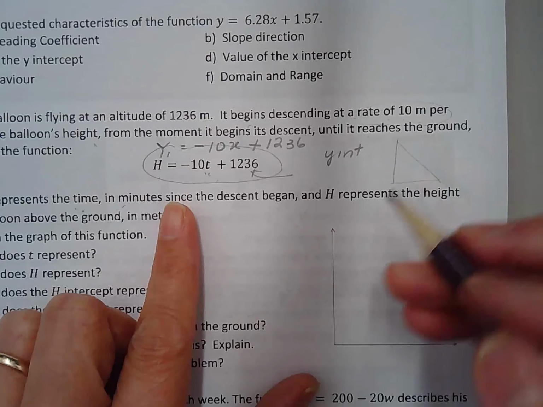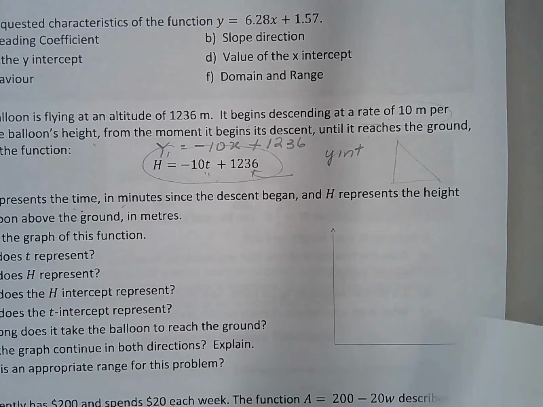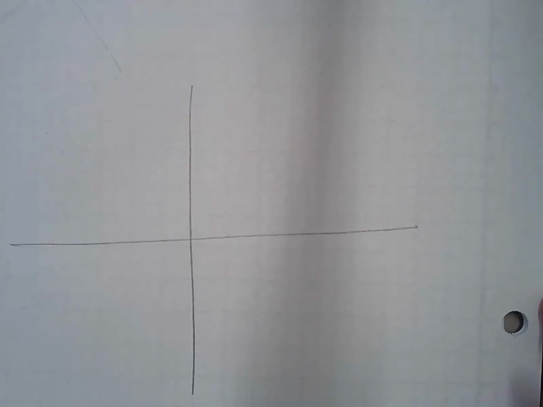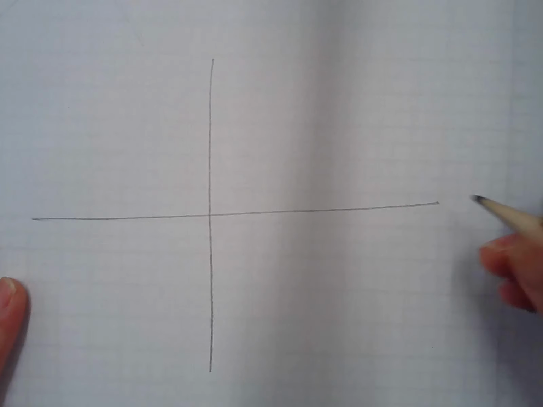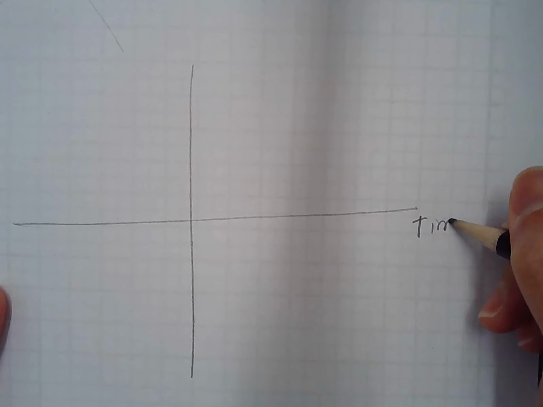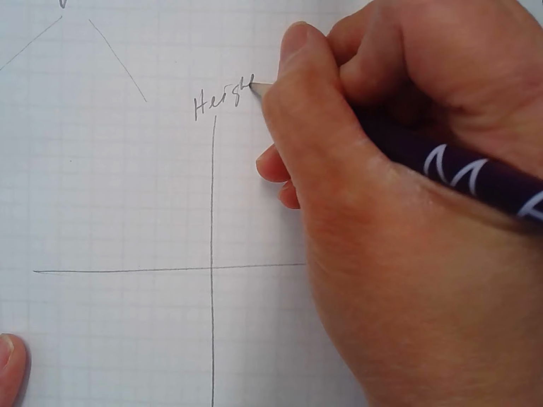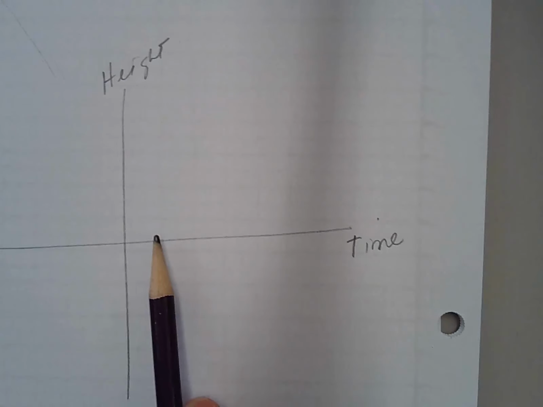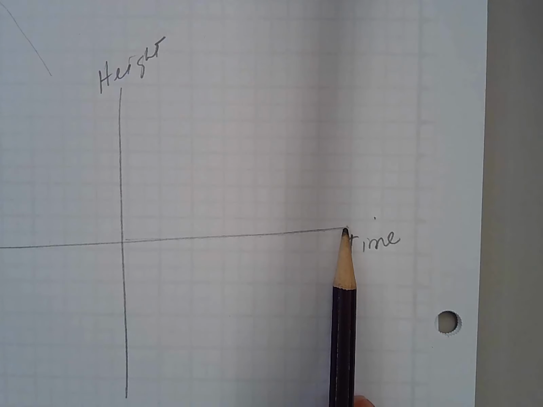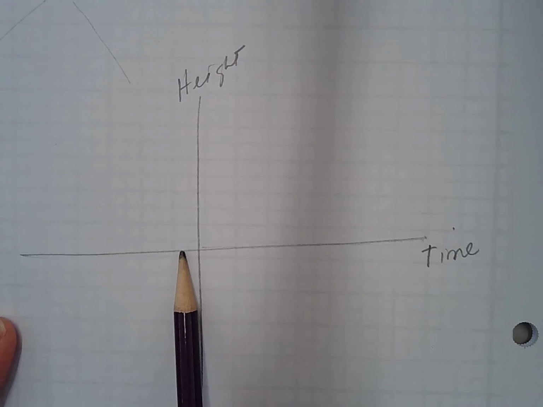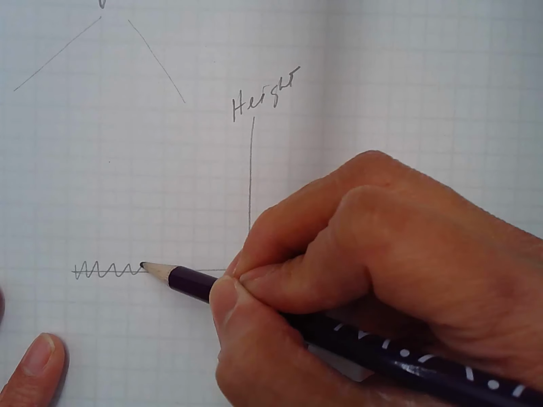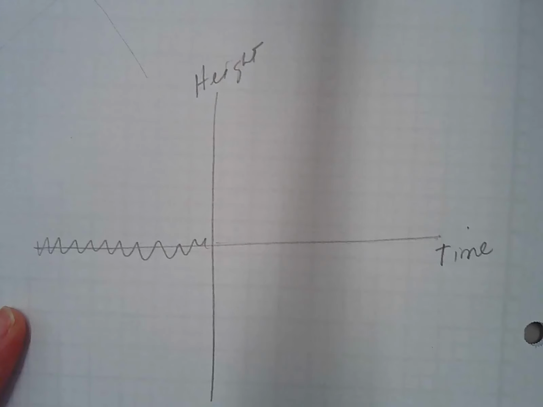I'm going to sketch it here for a second, okay? Because we try to make sense of our graph. So this is the time, and then this is the height. The time could be positive, but it can't be negative, so we don't need this part, okay?